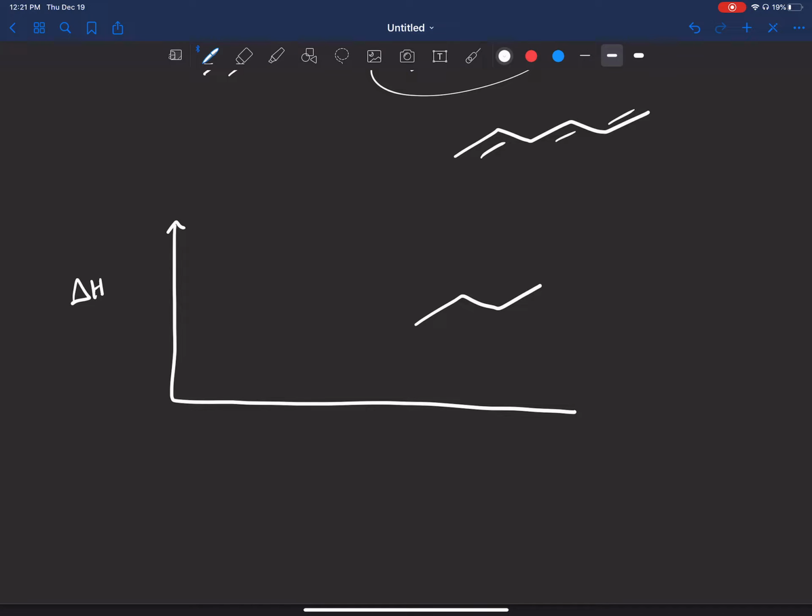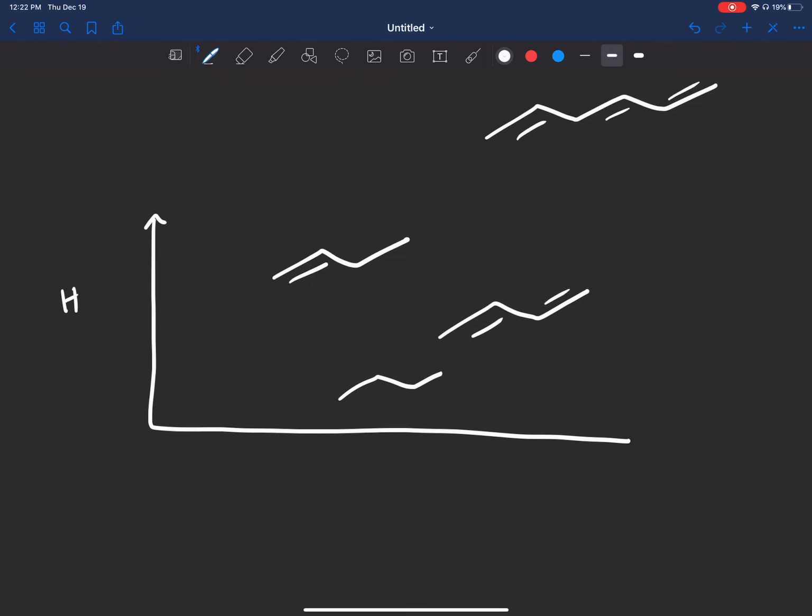I know this may sound like Genchem again, but trust me, it's not that bad. It's hopefully fairly straightforward to understand. Actually, let me take away the delta. It's just enthalpy, so this is the heat released when we look at the butadiene versus this isolated double bond, and here is the alkane we get when we do the H2, Pd/C addition.